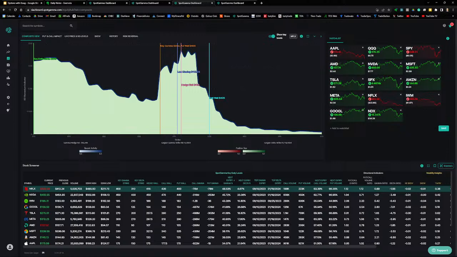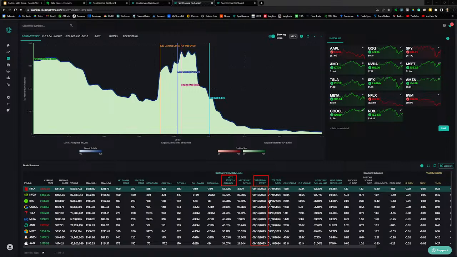And I have my watch list shown here below. What I have done is ranked this watch list by next expiry gamma percent. And then I'm looking at the top gamma expiry, and notice all of these are tomorrow. So this is the monthly expiration.